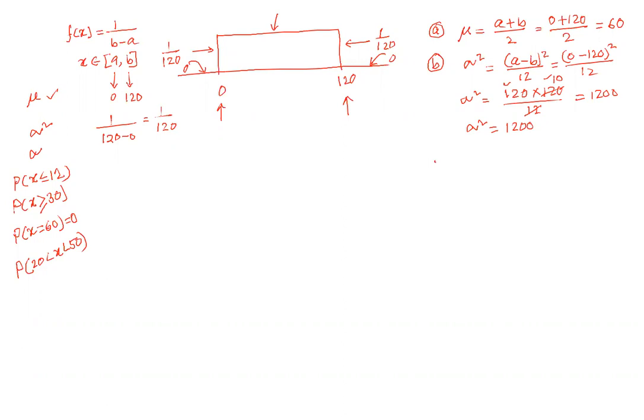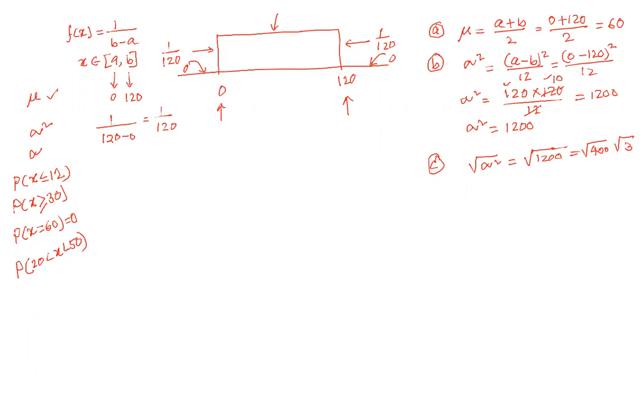Part C, what is sigma, which is easy. Square root of sigma square is square root of 1200, which is square root of 400 times square root of 3. Remember, you could use the properties of radicals to distribute. So 1200 is 3 times 400.